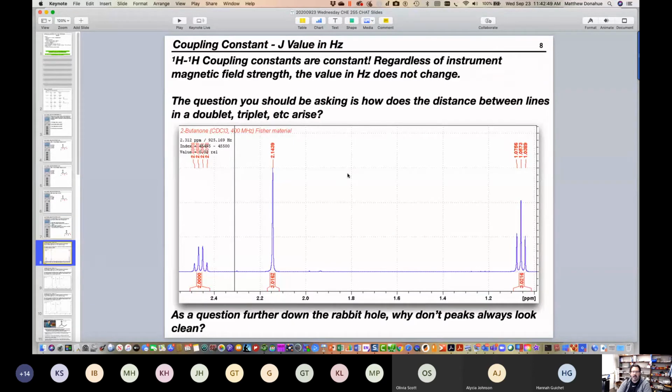And so if we look at the spectrum for 2-butanone, which is shown now, the point I was getting to is, see in the quartet and this triplet, see this distance from here. If we were to measure over to here, that little distance there, and then just by eyeballing it, this distance as well, and then this distance.